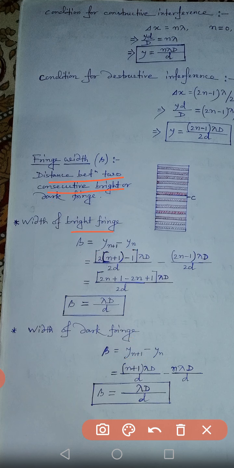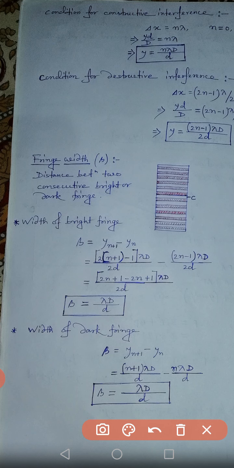Here we are finding a bright fringe, so yn plus 1 will be the position of a dark fringe. For dark fringe this is the formula, but since it is yn plus 1, in place of n we should write n plus 1.